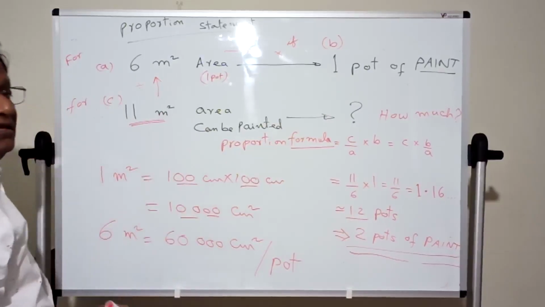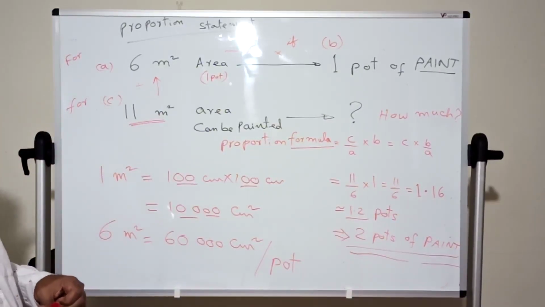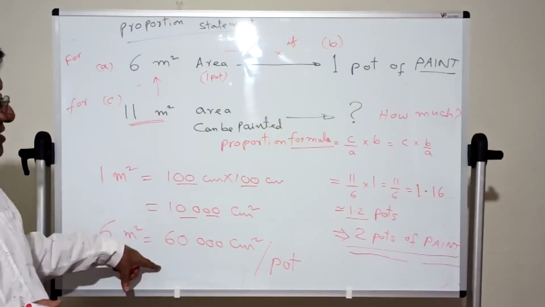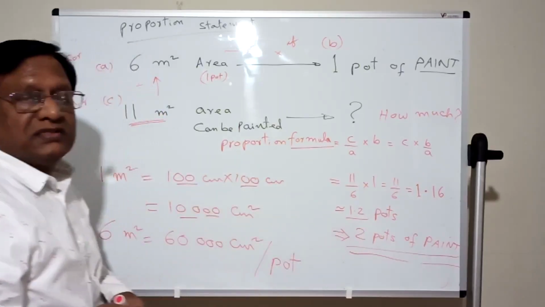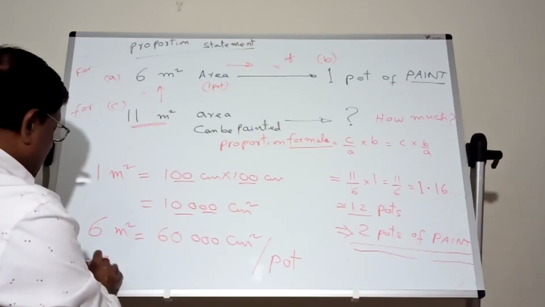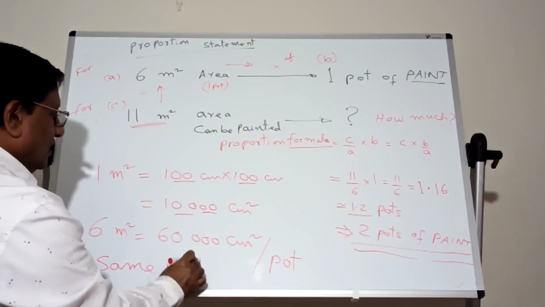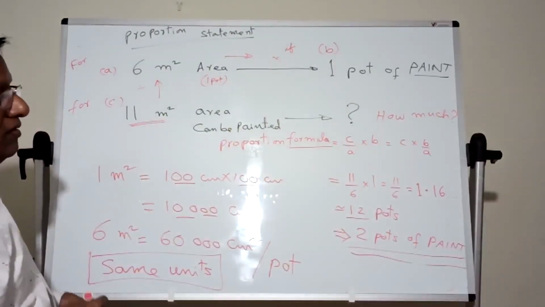And you get the total area of 5 boxes in square centimeters, divide that by the 60,000 square centimeters, then you will get the number of parts. So the same units should be used. All right, thank you.